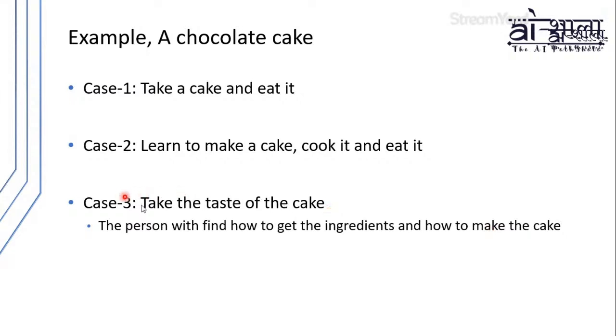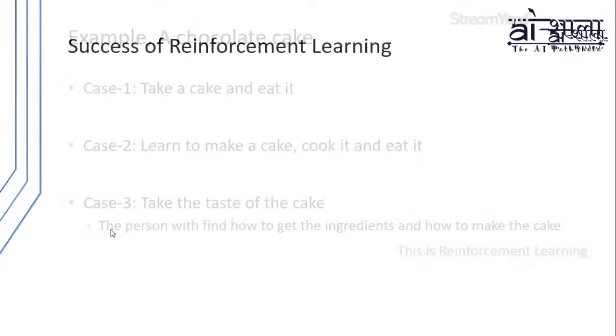That means we only know the goal, and we will do all the tasks, starting from identifying the ingredients, how to make it, how to cook it, right? So all the things. This is what reinforcement learning is. The third case is reinforcement learning. We only know our goal, and all the things need to be figured out by the agent. So that's what reinforcement learning is.